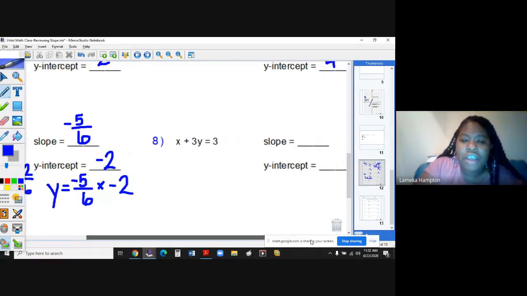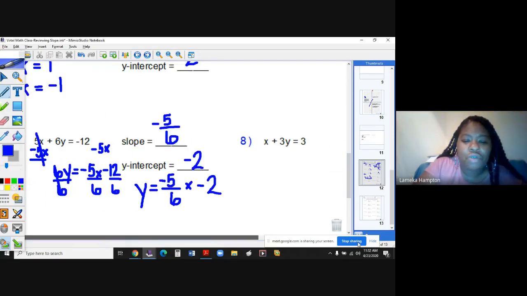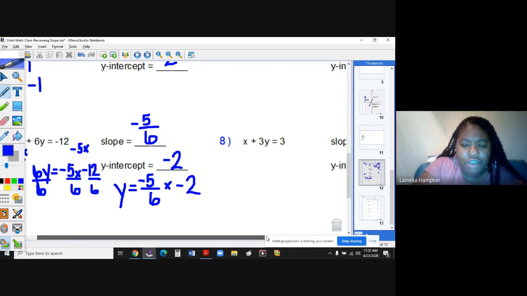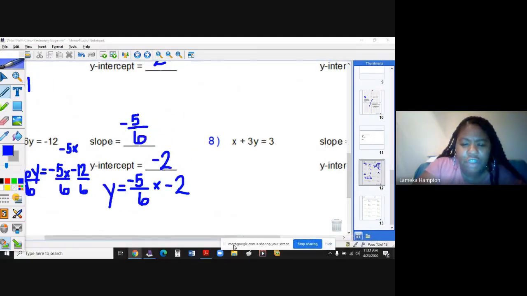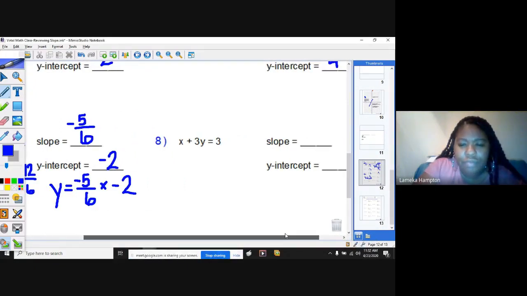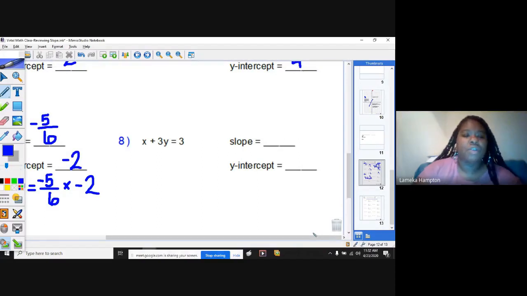All right. So for number 8, we're going to be doing the same thing that we did with number 7. All right. So the first thing we have to do is what? I have to move which variable? How am I going to do that?